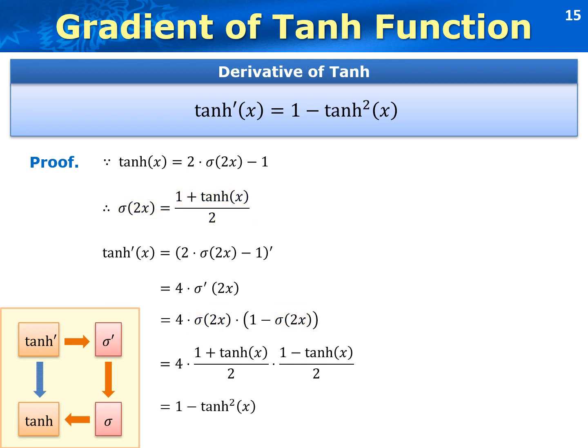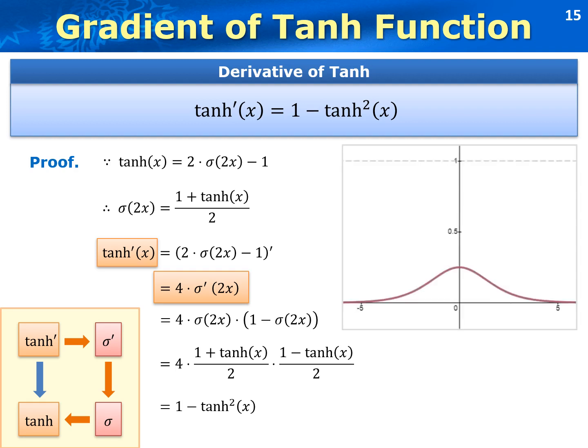Throughout the proof, this equation is worth noticing because it implies that the derivative of the tanh function is a rescaled version of the derivative of sigmoid. Graphically, we can see this curve is the derivative of sigmoid. After rescaling, the derivative of tanh is derived.